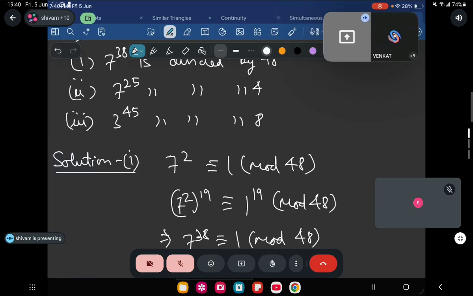Venkat, check the second one. Part 1 and 3 are correct. So second one, should I solve? Just 2 minutes. Okay, Venkat, can you mute yourself?